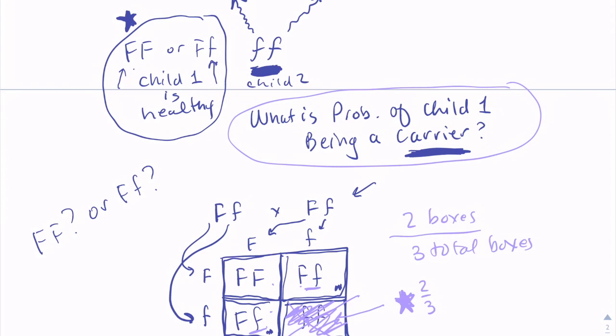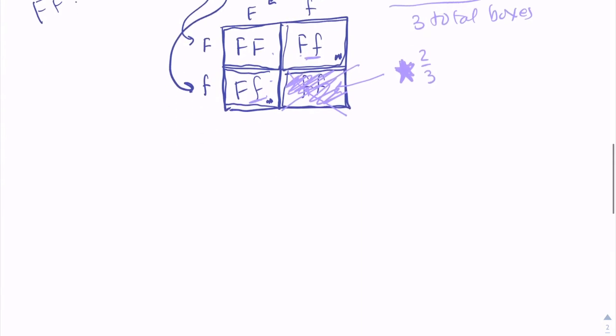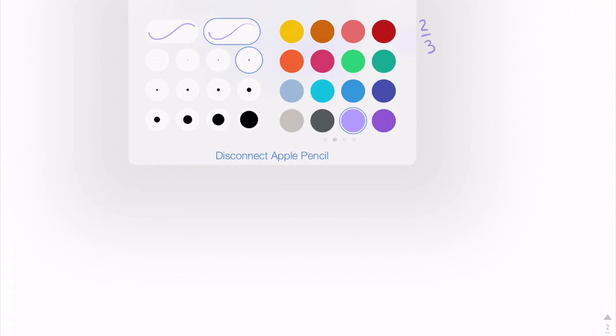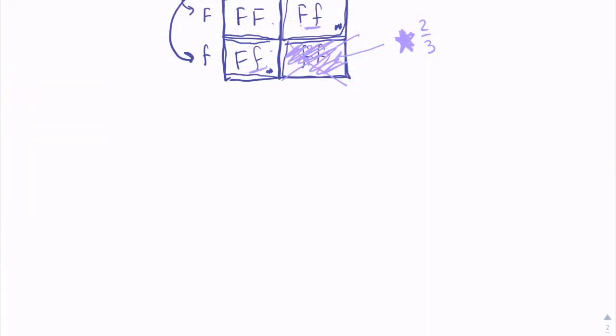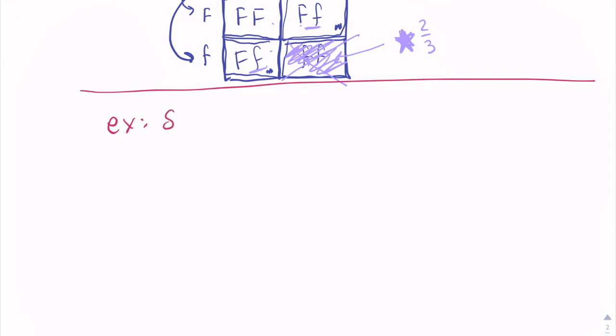Autosomal recessive disorders. Let's look at one more example of an autosomal recessive disorder. Let's go with pink for right now because we're talking blood. This is an example of an autosomal recessive disorder, and it's called sickle cell anemia.